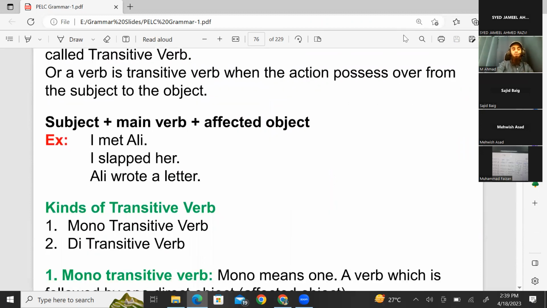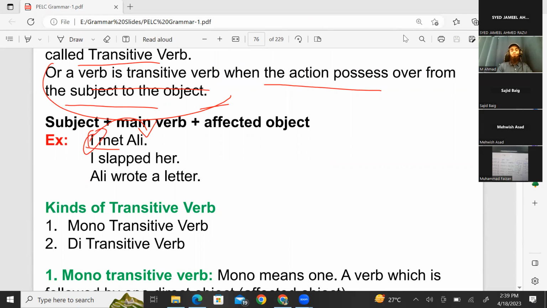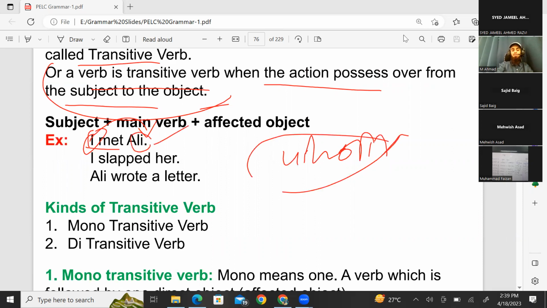A verb is transitive when the action passes from the subject to the object. Here the subject is the doer of the action. Would it require an object? I met whom? I met Ali. If you ask the question here, it is whom, so it is fine, but the requirement is needed. Requirement of what? Of an object.